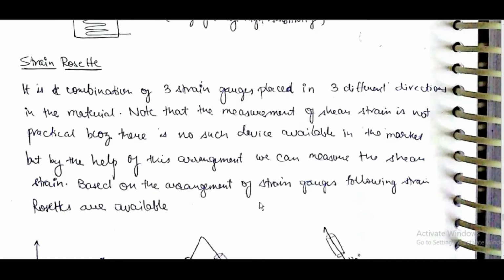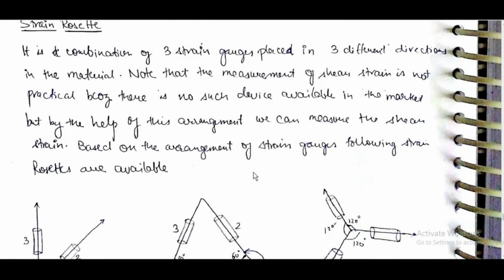Strain rosette: it is a combination of three strain gauges placed in three different directions in the material. Note that measurement of shear strain is not practical because there is no such device available in the market, but with the help of this arrangement we can measure the shear strain based on the arrangement of strain gauges.